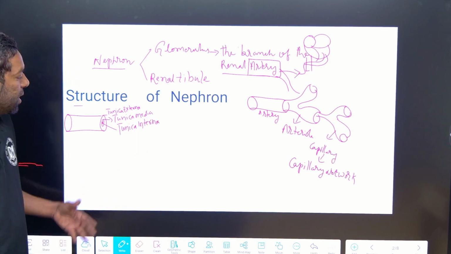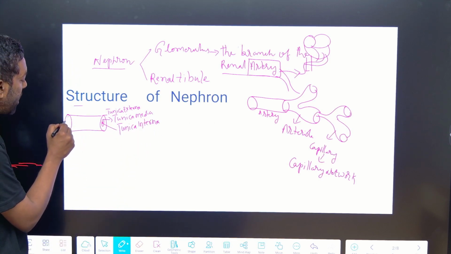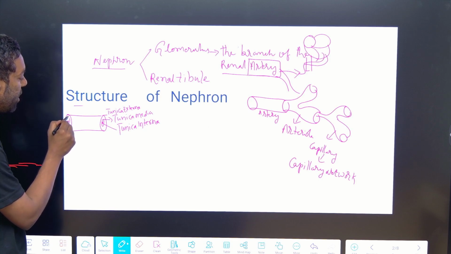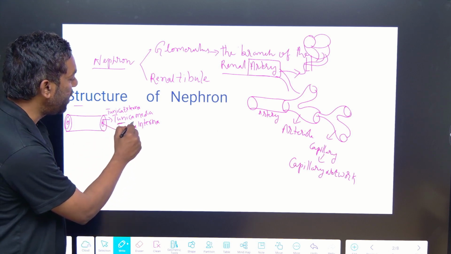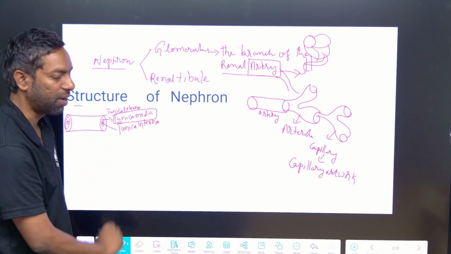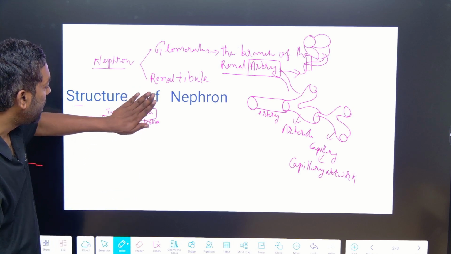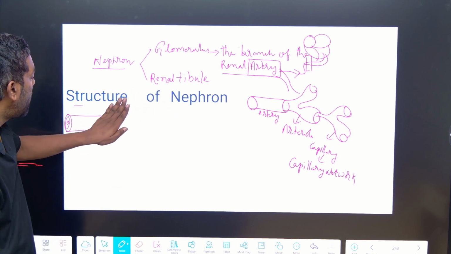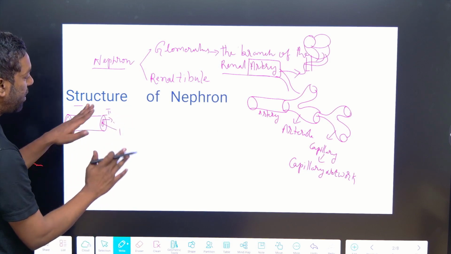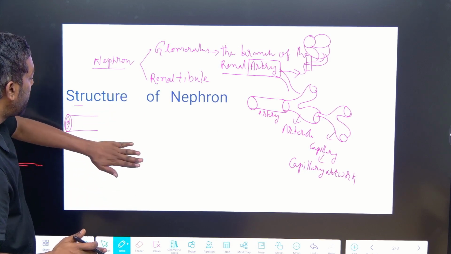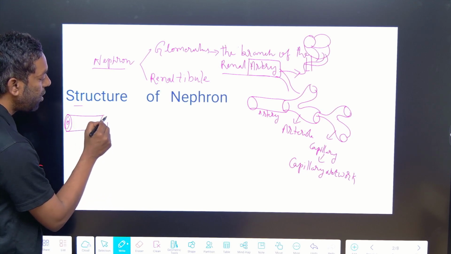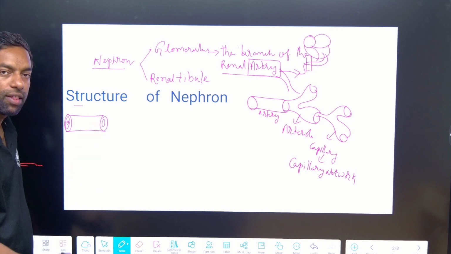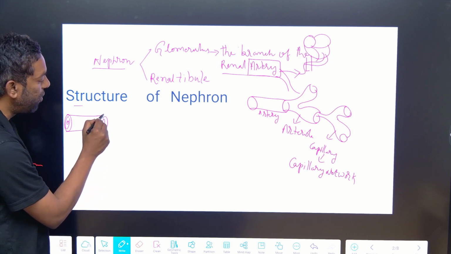These three layers of the renal artery do not allow any filtration, because the tunica media is the muscular layer. In that way, the renal artery is further divided into arterioles.